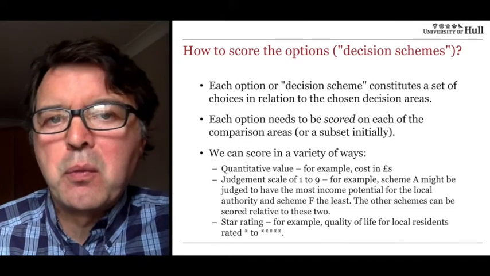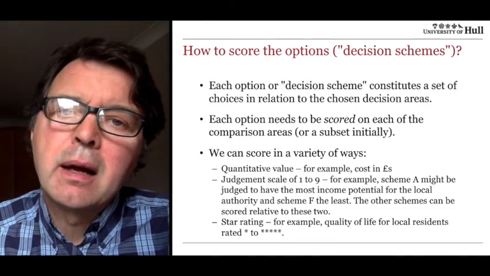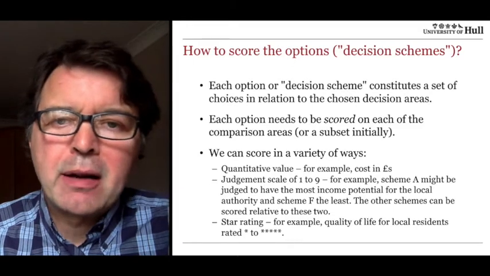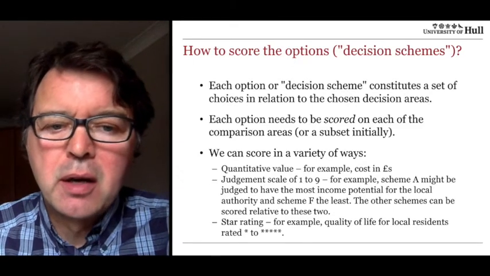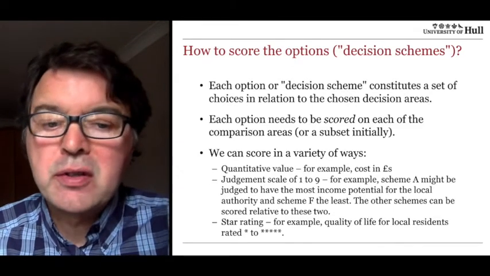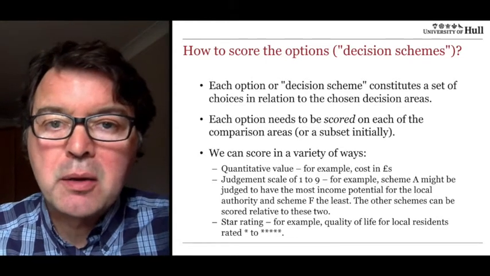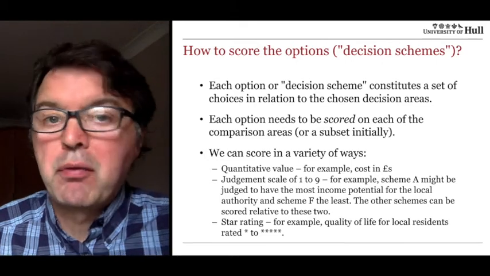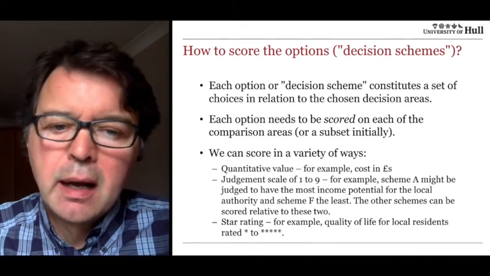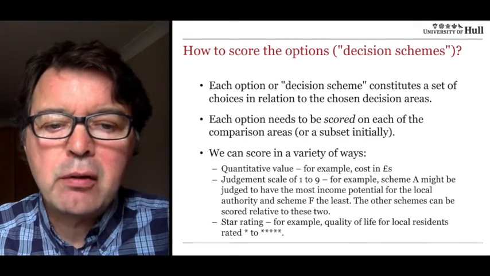Well, there's lots of different ways of scoring depending on the thing that we're actually looking at. So we could put a quantitative value in. So for example, we might put a cost value in or a profit prediction in. We can have a judgment scale from 1 to 9.